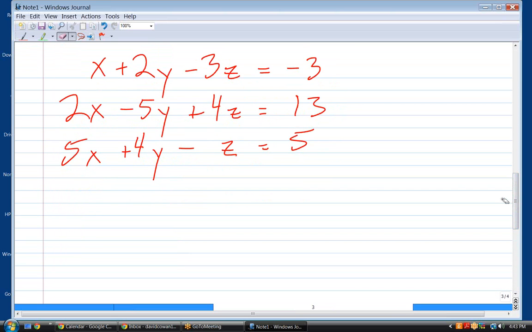The way to handle these is to choose a variable to eliminate. In other words, I've got equation 1, equation 2, equation 3, and I can work with any two of those equations and eliminate a variable. Okay?